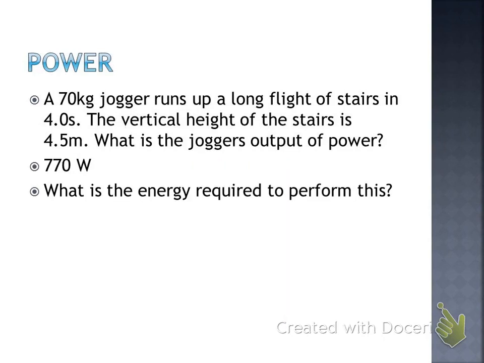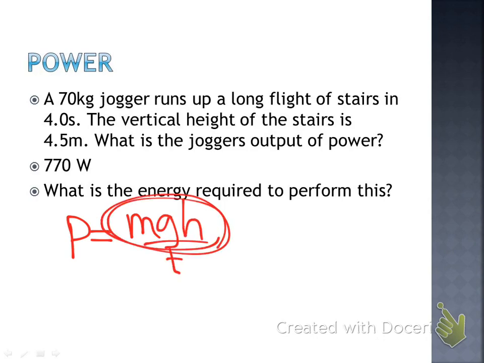Okay, how much energy did he have to expel to complete this task? So when we want to find energy, we're going to look at basically just the top of our power equation. Power is equal to mgh over time. If we're looking at energy, we can just look at how much he exerted to overcome that gravity. What did he gain in potential energy as he climbed up those stairs?